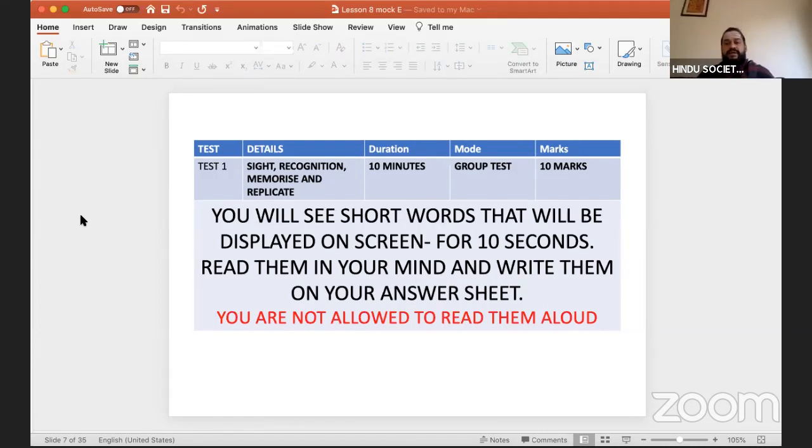If everybody is ready, you have to tell me. And please all mute your mic after this, because when you see a word on the screen, I don't want you to say it loud for others to hear. So please mute it.